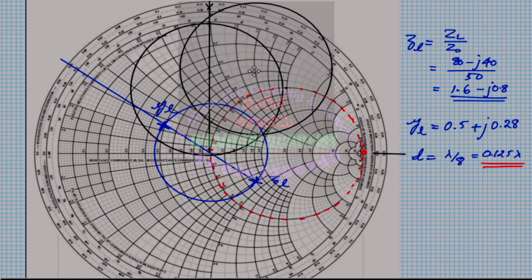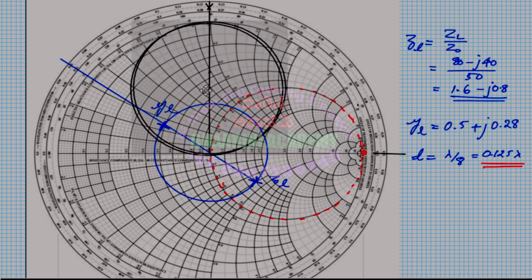Now you see I actually have moved my circle to the new position. So the next thing to do is find out the distance between the two stubs and rotate the constant r circle, r equal to 1 circle. Move it by that much amount, like this, in the anti-clockwise direction only.